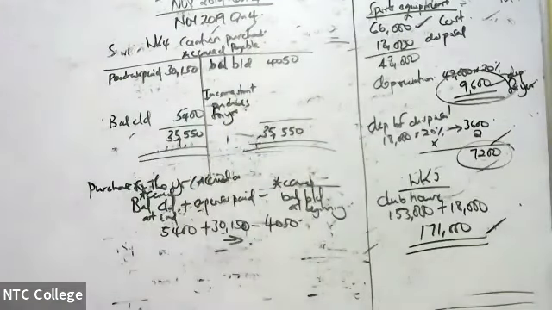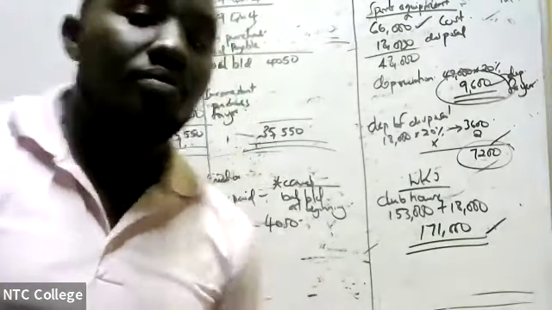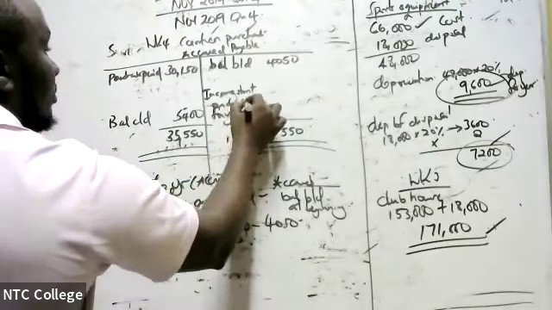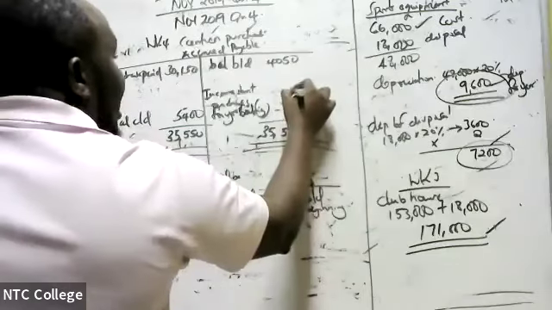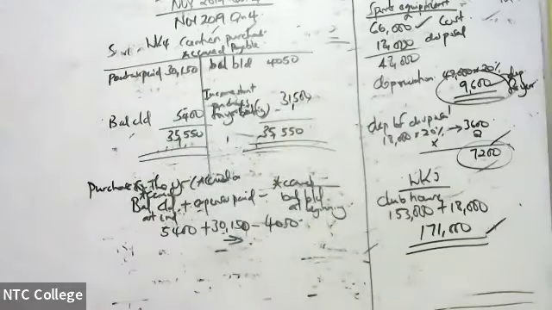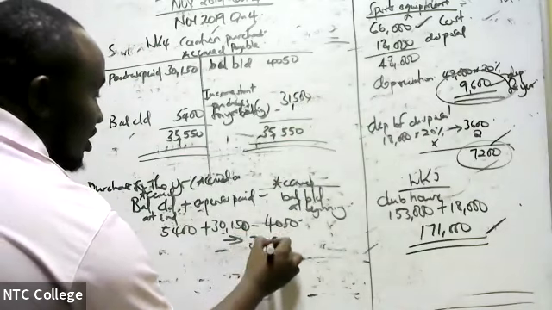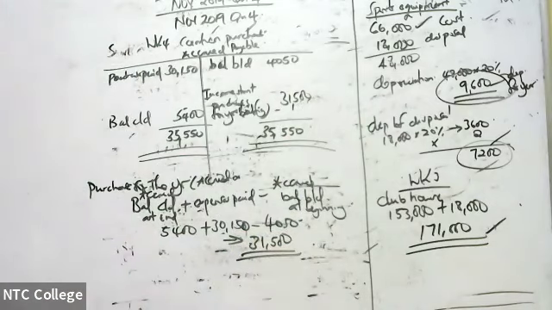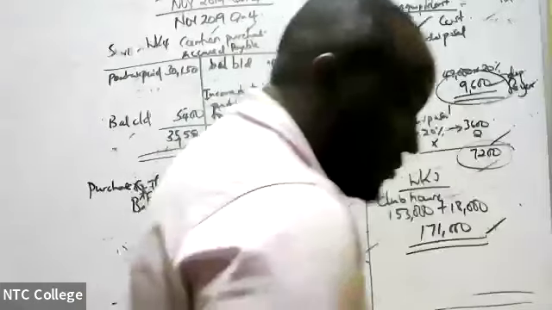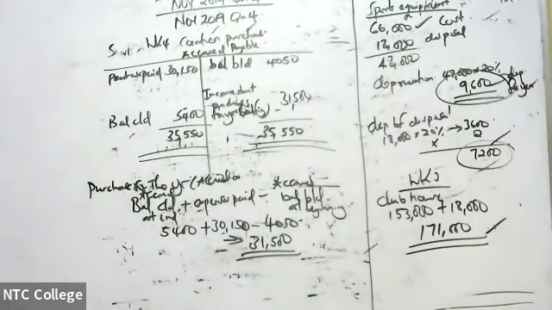So what is the difference, purchases for the year? How much is it? That should be 31. If you have refused, let the teacher do it by himself. So that should be 31,500. Is it okay? Is that okay? So that is the figure of purchases for the year.